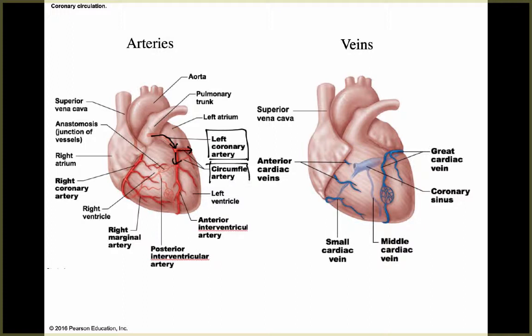That top one is the circumflex artery that we talked about, and down here is the anterior ventricular artery. You can see it's towards the middle, so it does supply the intraventricular septum, and the anterior part of the ventricle walls.